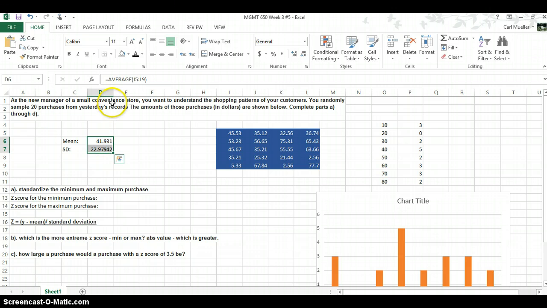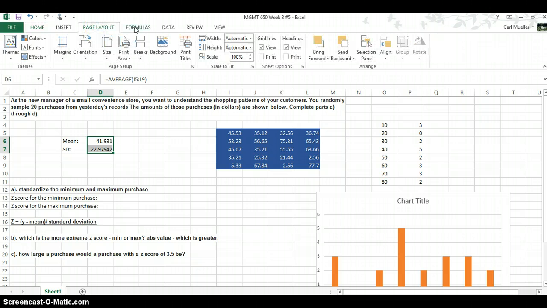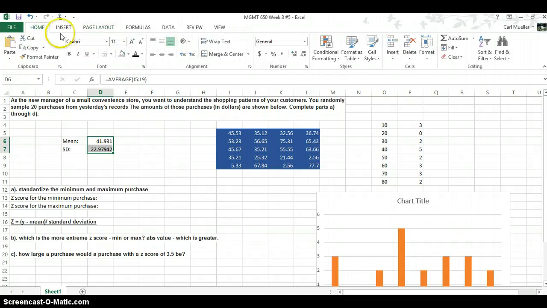Or in addition, you can go to the Home tab and create it yourself right here, in this number section, which is universal across most Excel versions, where you have a category that lets you do the formatting yourself. So $22.98 is your standard deviation, and $41.93 is your mean or average. Good things to know going into this problem.